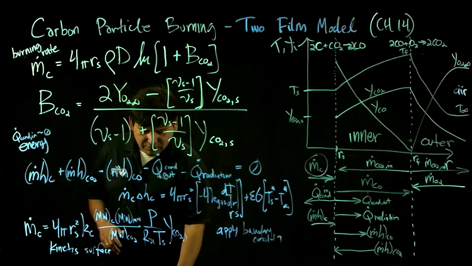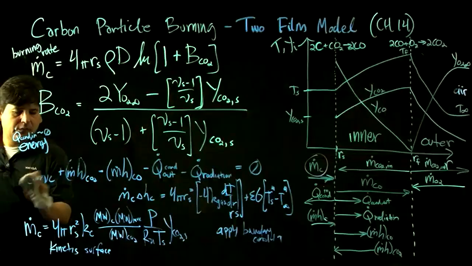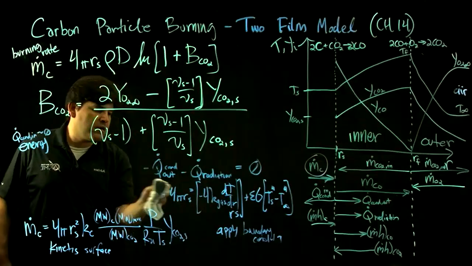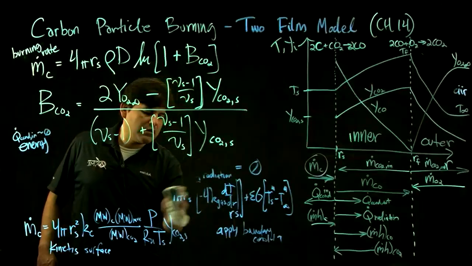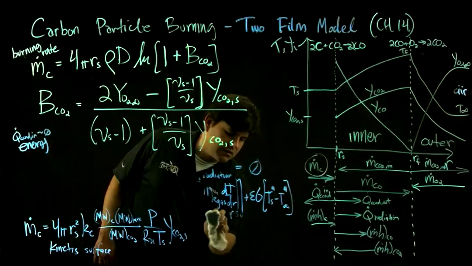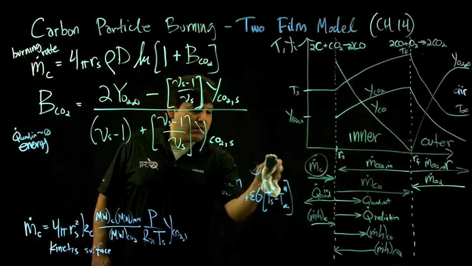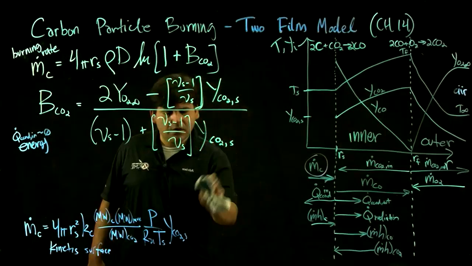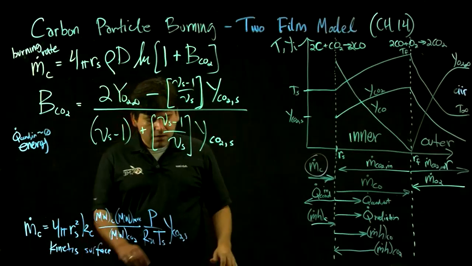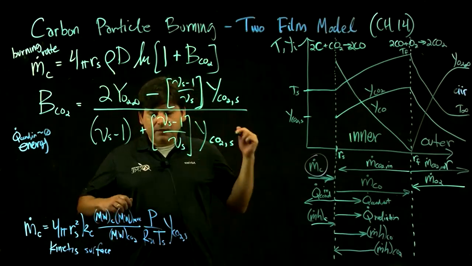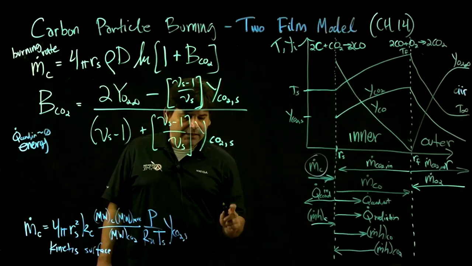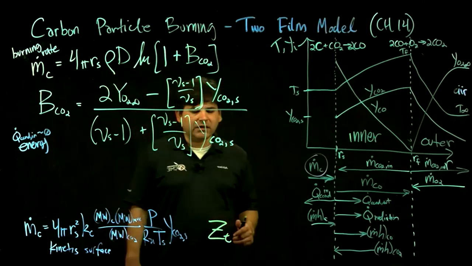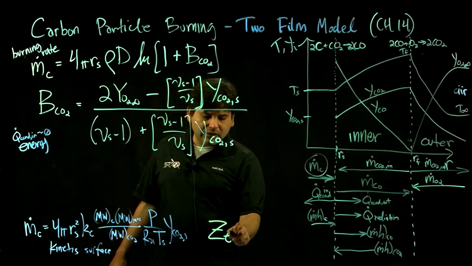we're going to get a big monster that I have to make some space for. Similar to the droplet burning and these other analyses we've done, we've had these mass transfer numbers and this resistance and circuit analogies.